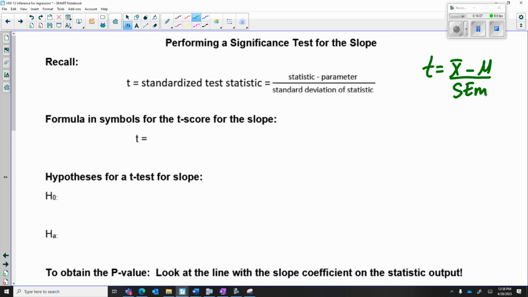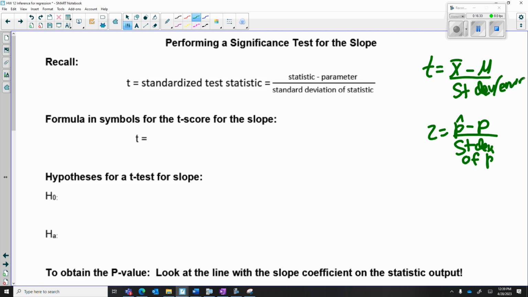So if the statistic was x bar, we would do x bar minus mu x bar over sigma x bar. Similarly, for p hats, we would do p hat minus mu p hat, which equals p, over the standard deviation or standard error of p hat.